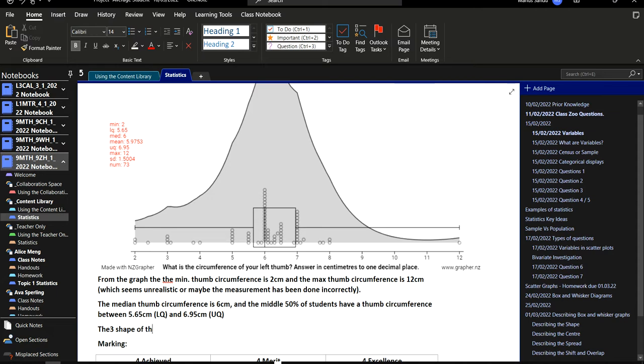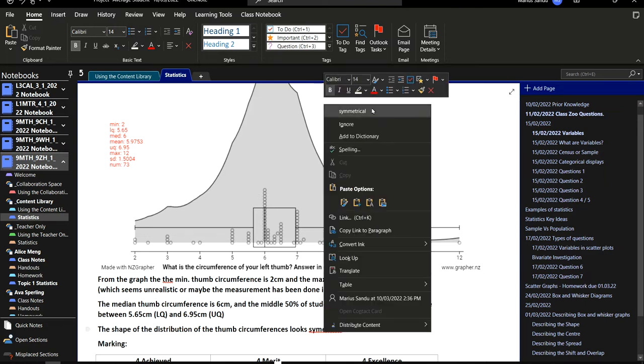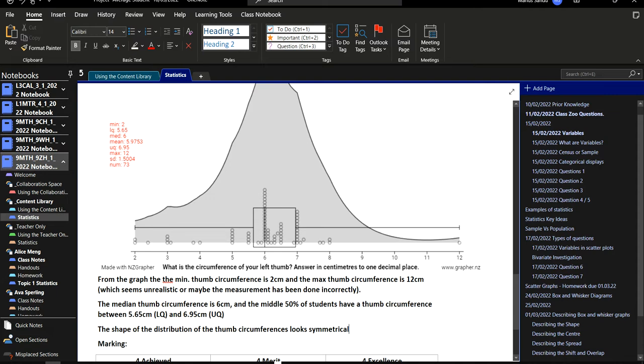The shape of the distribution of the thumb circumferences looks symmetrical. Yes? Come on.